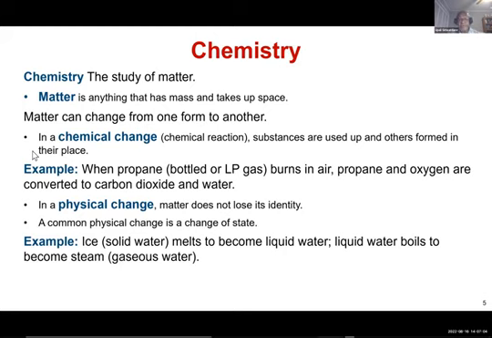So the substance never changes. Do you get the idea now? Basic difference between a chemical change and a physical change. Yes, sir. Great. Hang on to that idea. Okay, it's a very important idea.